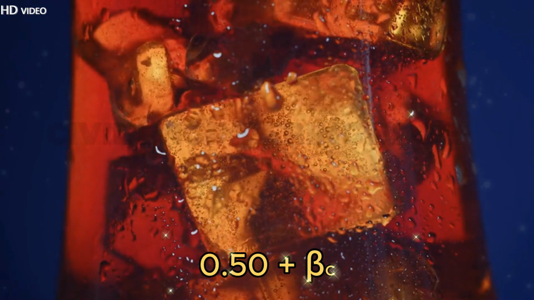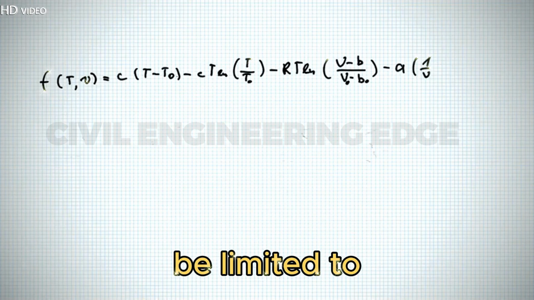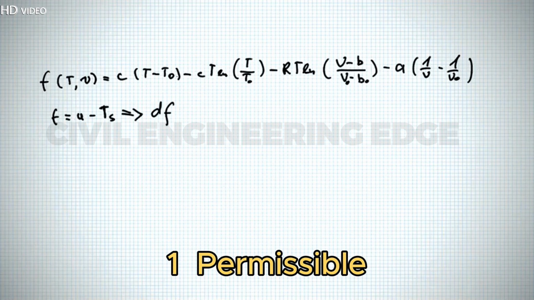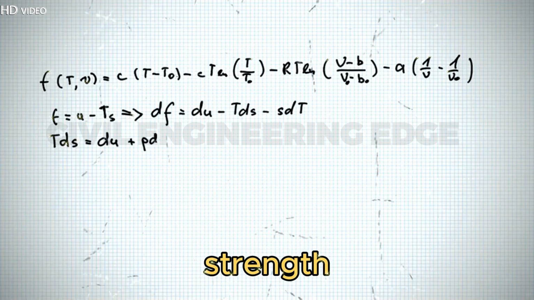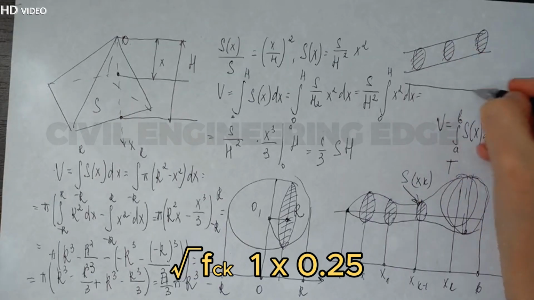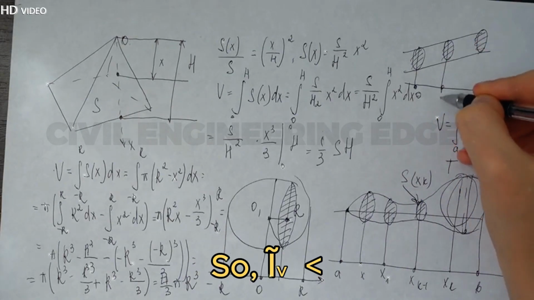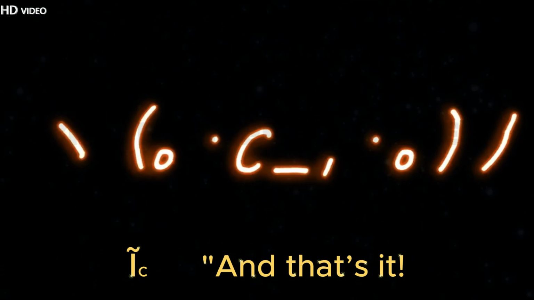Ks equals 0.50 plus Beta c equals 1.50, but Ks should be limited to 1. Permissible design shear strength Tau c equals Ks x 0.25 square root fck. 1 x 0.25 square root of 20 equals 1.12 N per square millimeter, which is greater than Tau v, and that's it.